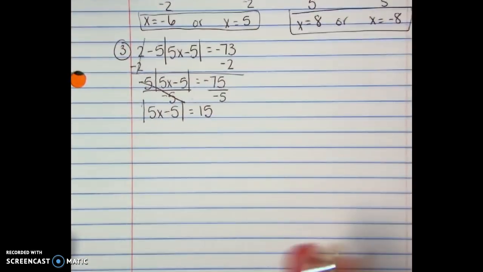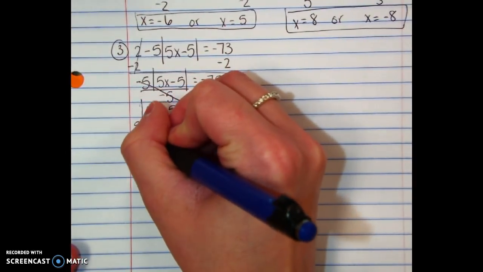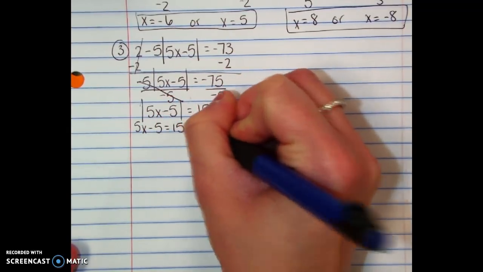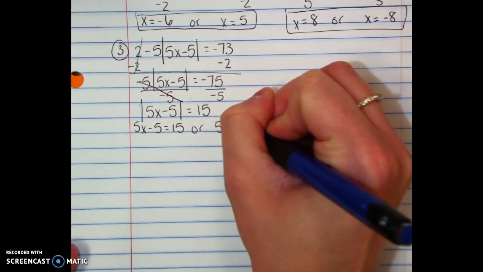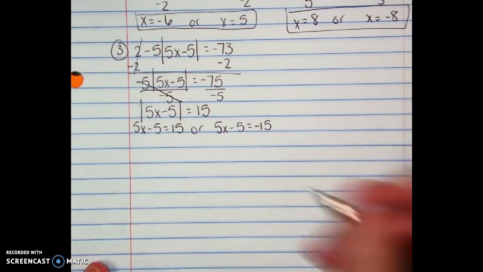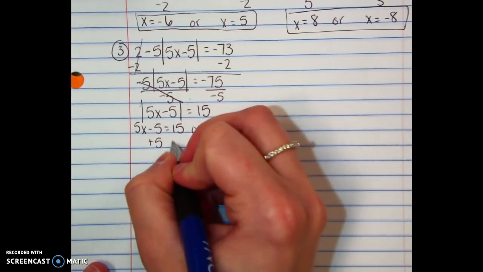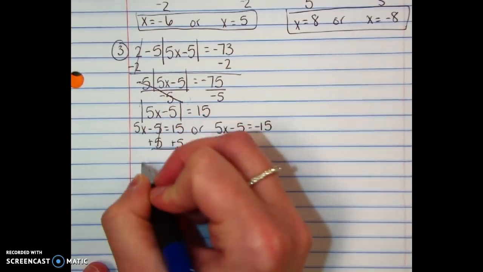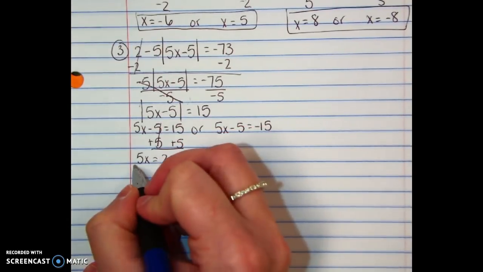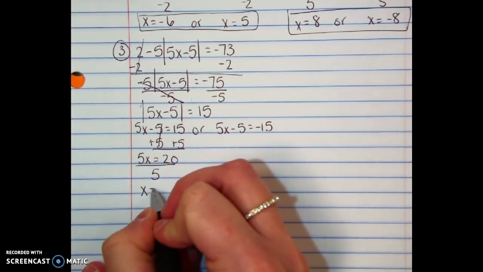So 5x minus 5 equals a positive 15. 5x minus 5 equals a negative 15. Add 5. 5x equals 20. Divide by 5, x equals 4.